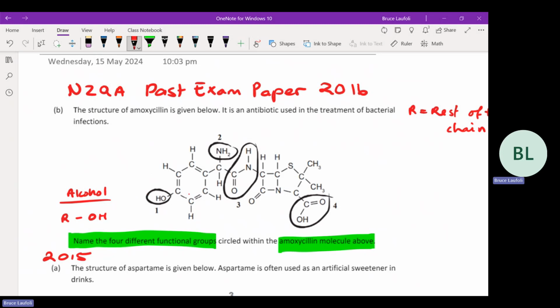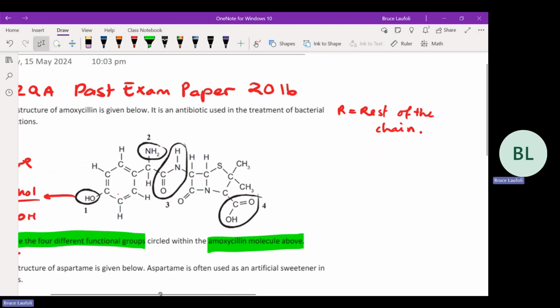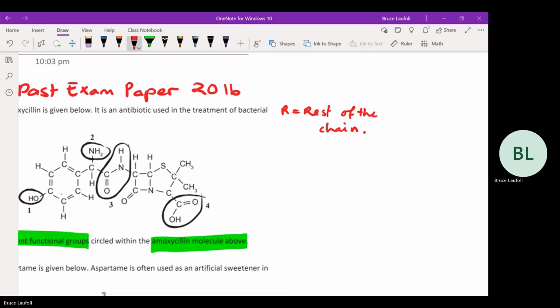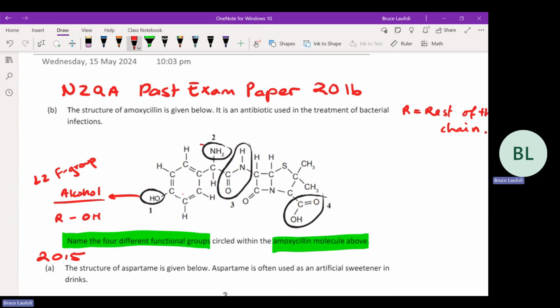Okay, so I hope that one was easy. That's a level 2 functional group. This one over here is an amine, because it is an NH2 bonded to an R, which is the rest of the chain.